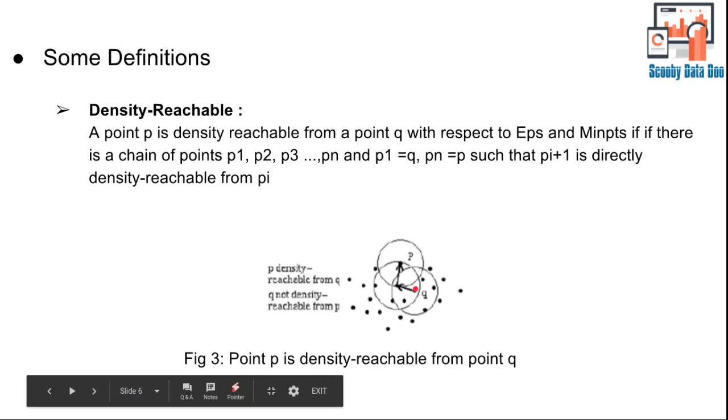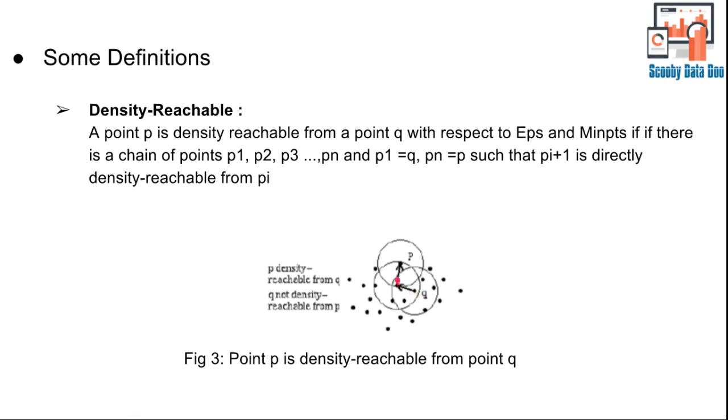Alright, I think this is clear. We can still see the picture here, where only 3 points are shown as an example. More points could be included, but let's consider this example. So P is density reachable from point Q, where Q is the core point.